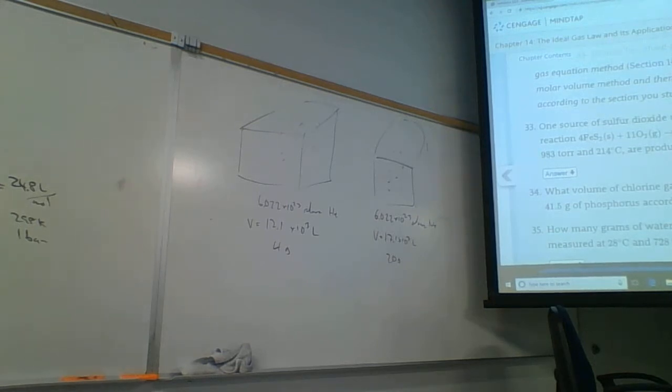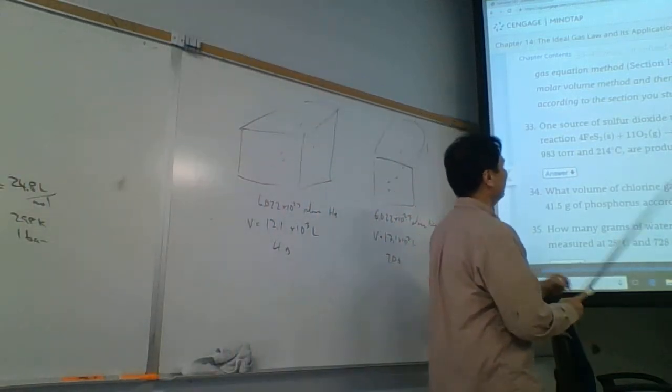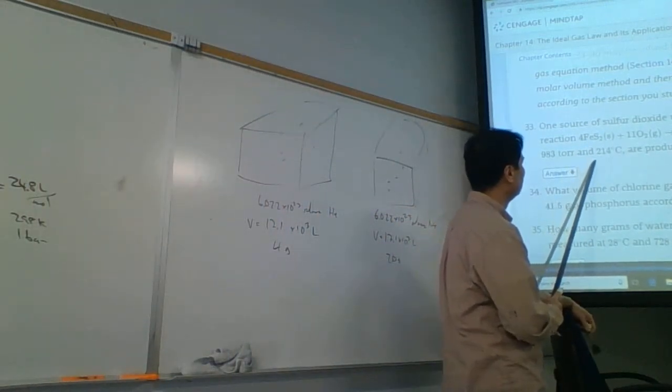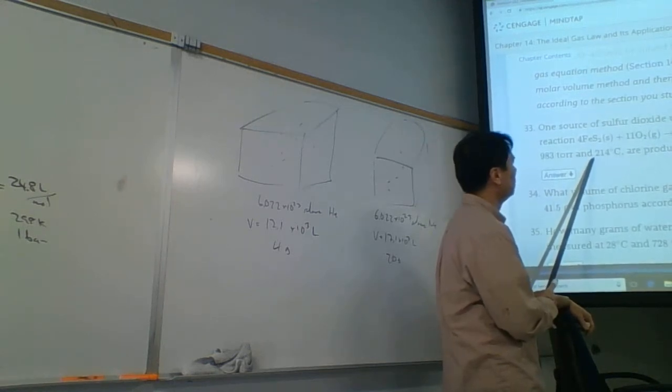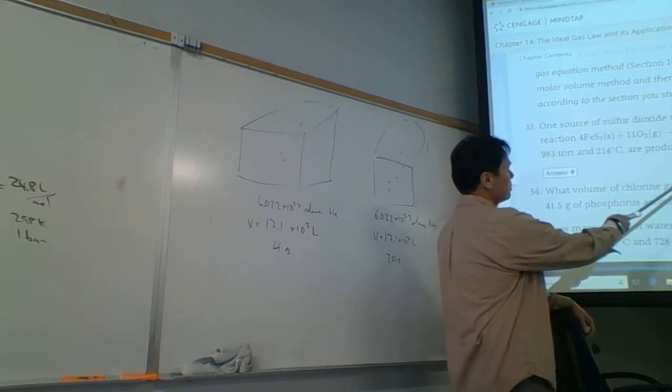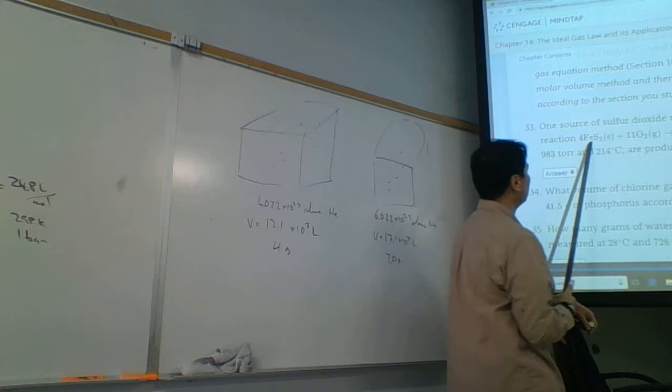All right, here is a case where we're going to have to calculate the molar volume or use the ideal gas law. How many liters of SO2, SO2 is the product, are produced from 598 grams of FeS2?